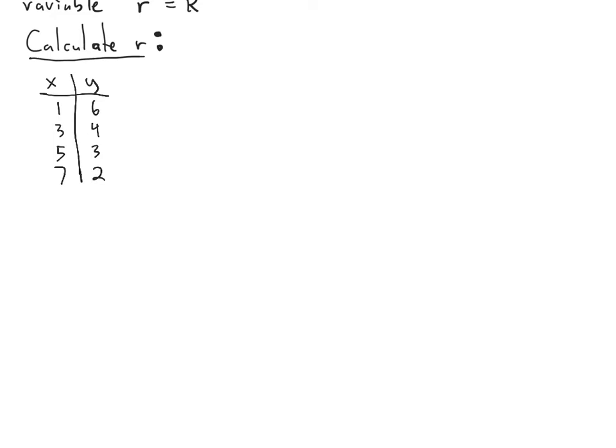Excellent. Okay. So we need to calculate y hat and x hat, but we need the means of the x's and the y's in order to do that. So let's calculate the mean of our x's first. That's 1 plus 3 plus 5 plus 7 over 4, since we have 4 data points. That is 4. You can do a little calculation to check that.